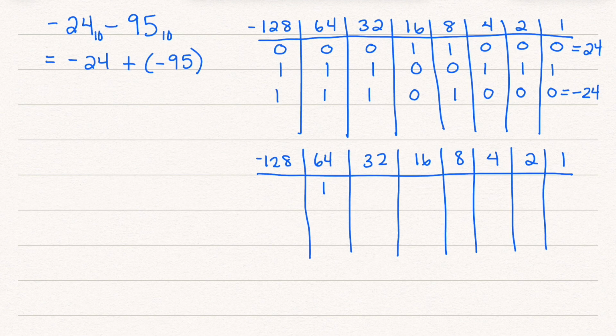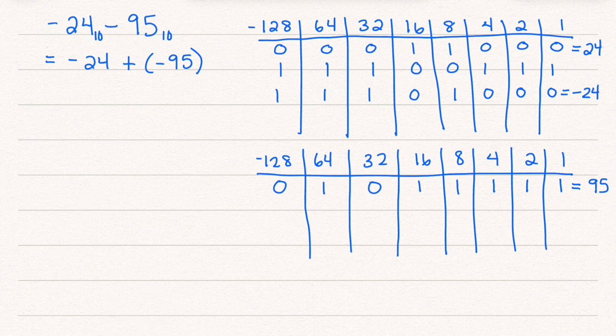So I can't go to the 32's place, but I can go to the 16's place, which leaves me 15 left over. So then I can use the 8, and that leaves me 7 left over. So I can do the 4, leaves me 3 left over. So the 2 and the 1. And again, if we do 1 plus 2 plus 4 plus 8 plus 16 plus 64, we should get to 95. So let's fill in zeros in the other spots.